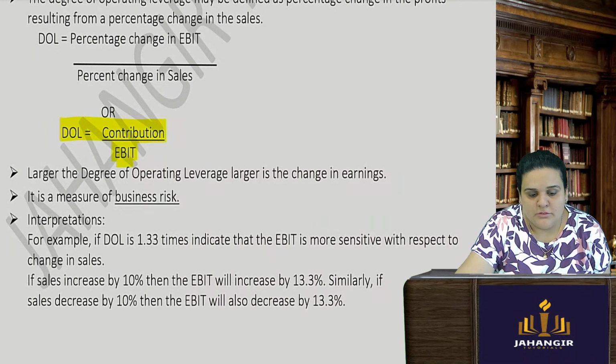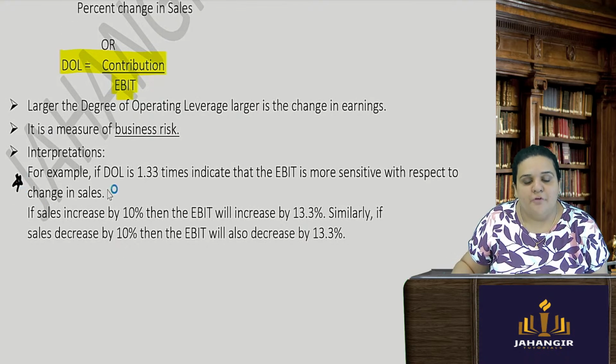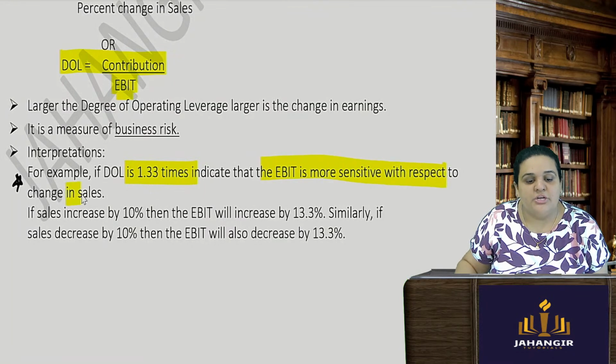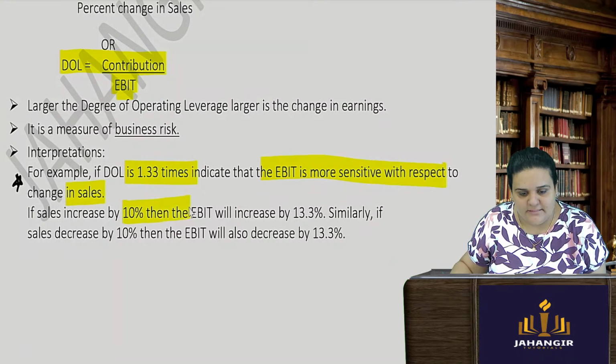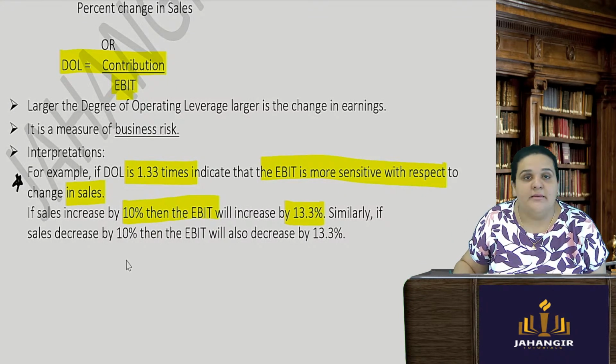So say, for example, this is an important example. Degree of operating leverage is 1.33 times. What does that mean? It indicates that EBIT is more sensitive to the change in sales. So if tomorrow sales increase by 10%, then EBIT will increase by 13.3%.